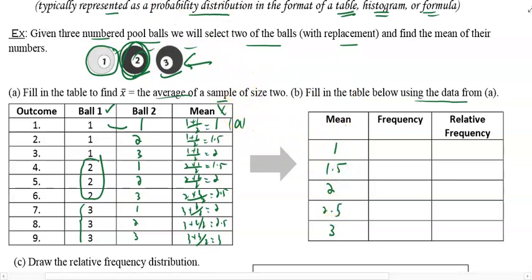I only see one of those. 1.5, I see 2 of those. 2, I see 3 of those. 2.5, I see 2 of those. And 3, 1.